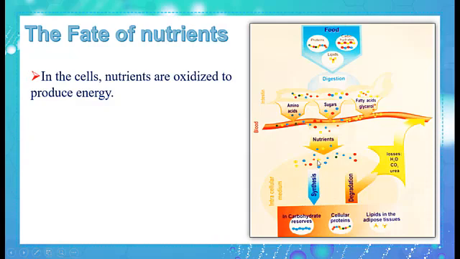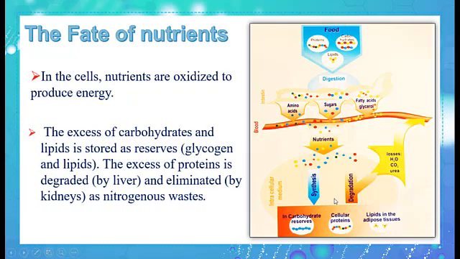Okay, but what happens to the excess amount of carbohydrates, lipids, and proteins? The excess of carbohydrates and lipids is stored as reserves, glycogen and lipids. The excess of proteins is degraded by the liver and eliminated by the kidneys as nitrogenous wastes.